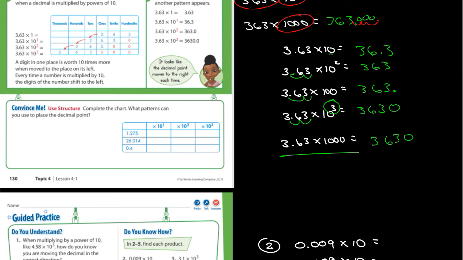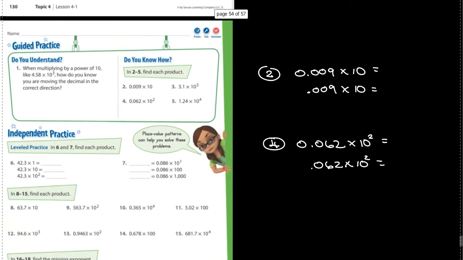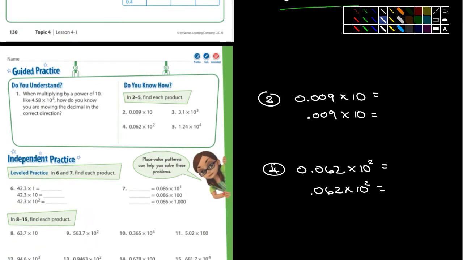Let's look at a couple more that I wrote down. Okay? So here we have, look at this one, 0.009 times 10. Now, are those the same thing? Look at those two. Are those the same thing? Let me pull a stick here. Miss Guerin. Yes. Yeah, they are the same thing.